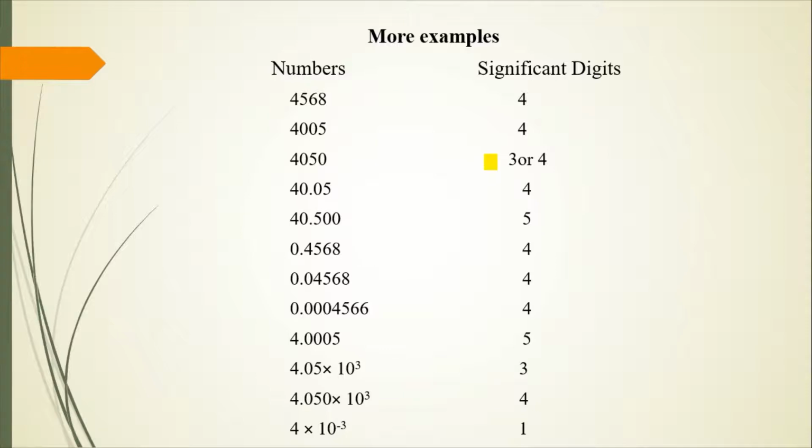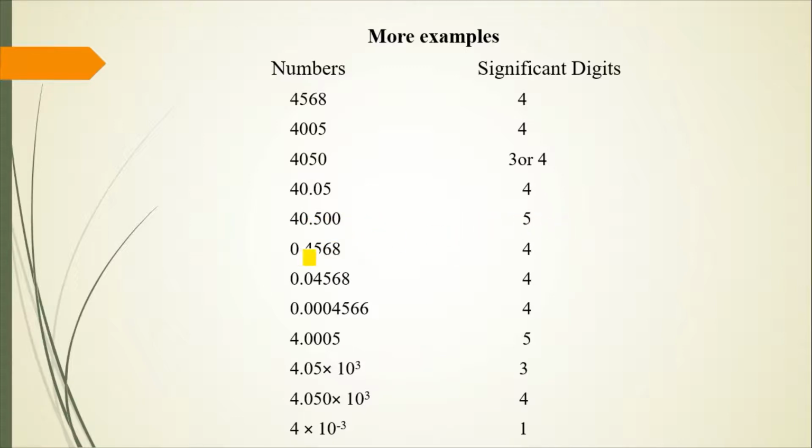Here significant digits may be 3 or 4. Next one, 0 lies between non-zero digits, so we will count this 0, significant digits are 4. Next one, one 0 lies between 4 and 5 and others are after the decimal but after non-zero digits. So we will count these zeros. Here significant digits are 5.